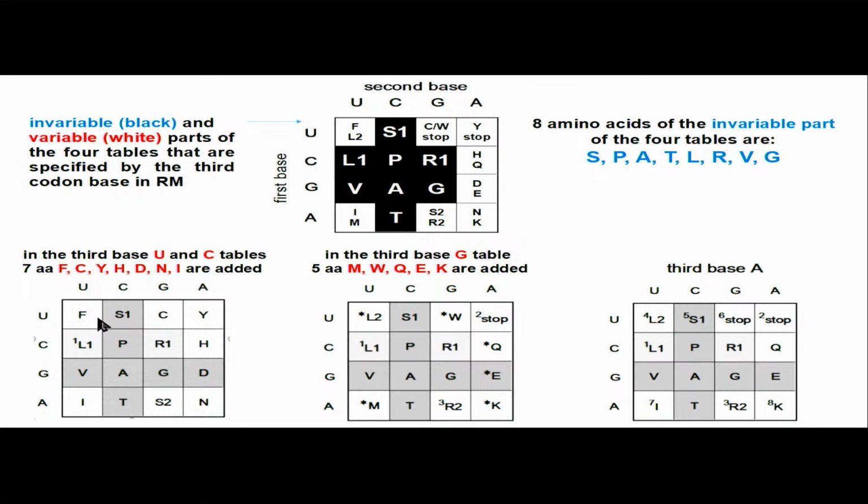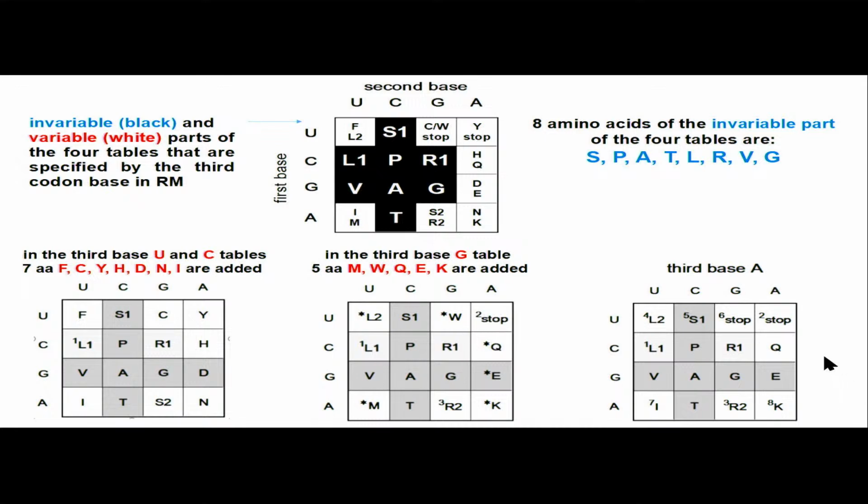Now in the G table, the rest of the amino acids are introduced: resting M, W, Q, E, and K. And it's finished with something going on around that core part, all mutations around, but at specific boxes.